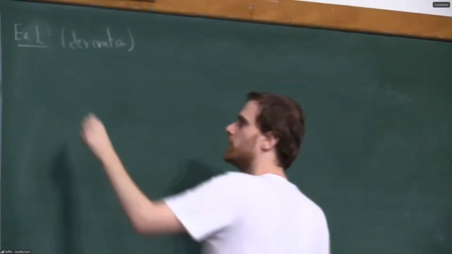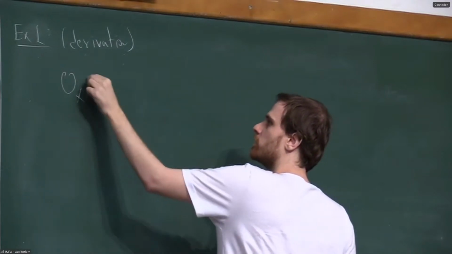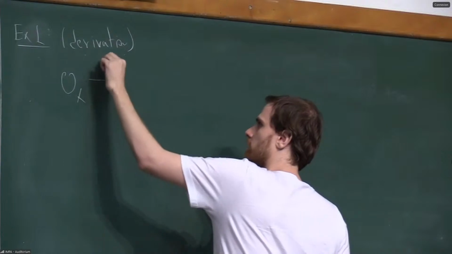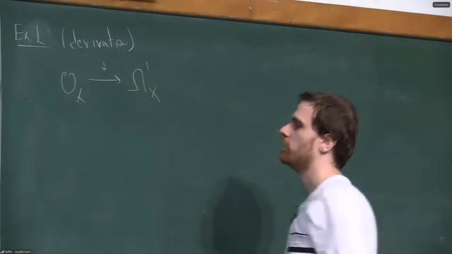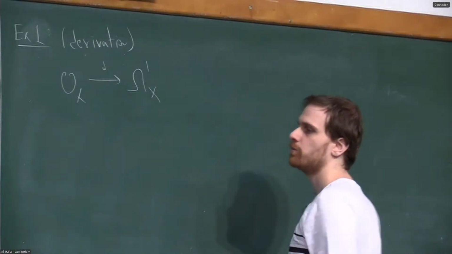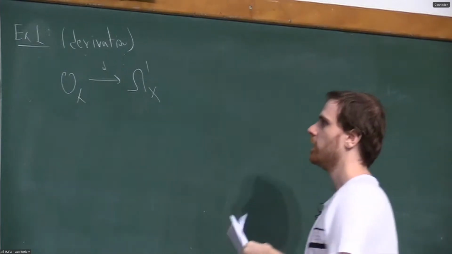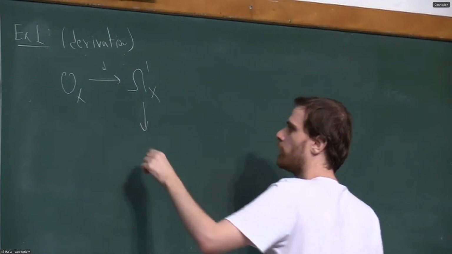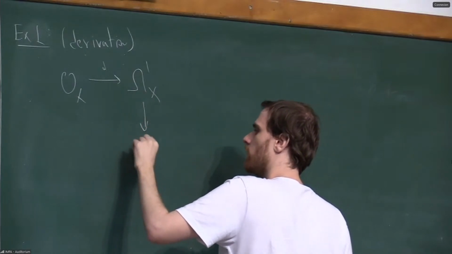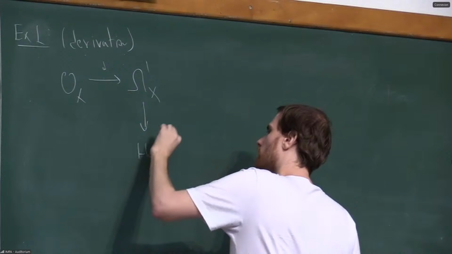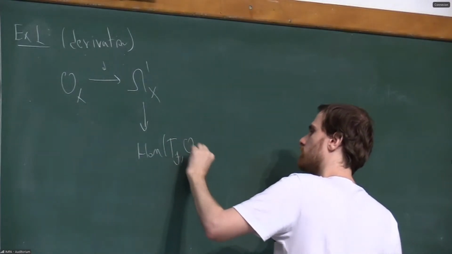This means we take the sheaf of functions on X, we apply the derivation to the cotangent sheaf of the variety, and then, as we have the inclusion of T_F in T_X, we have a natural dual morphism from the cotangent sheaf of the variety to the dual of the tangent sheaf of the foliation.